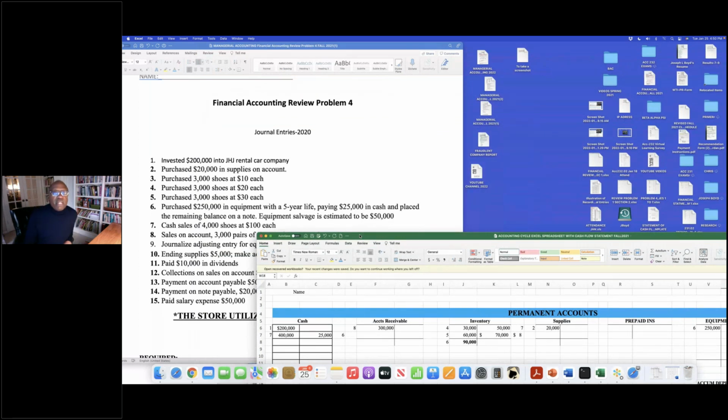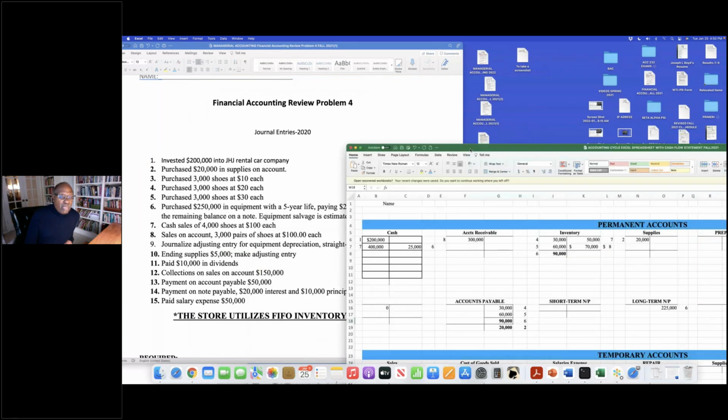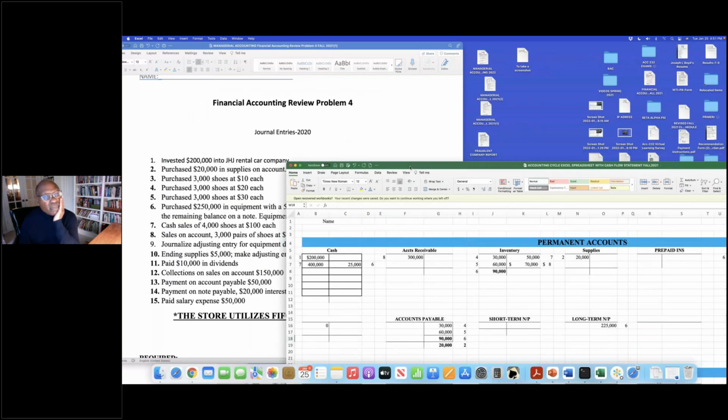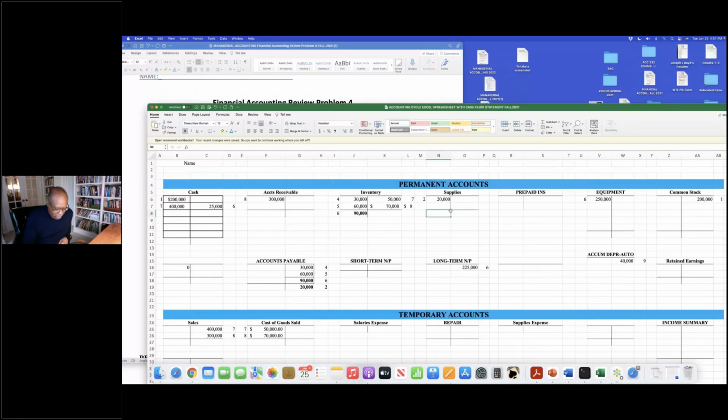What's our next journal entry? Ending supplies was $5,000. Make the adjusting entry. How much did we buy in supplies? 20,000. It says the ending supplies is 5,000. So how much did we utilize in supplies? It'd be 15,000.